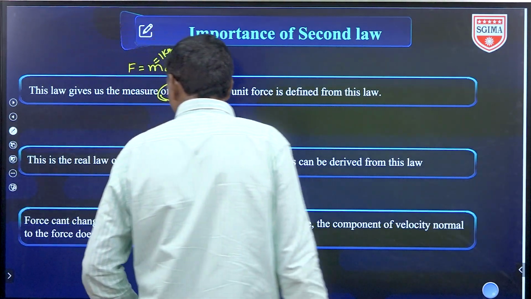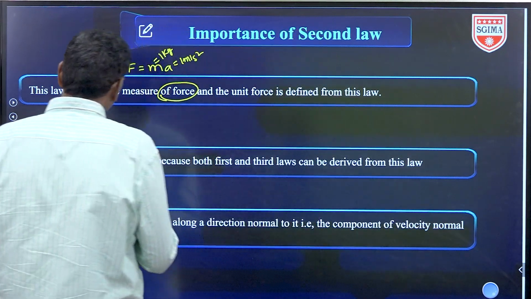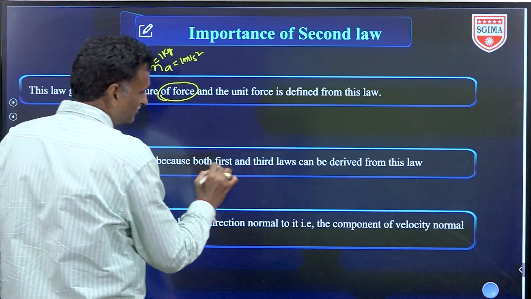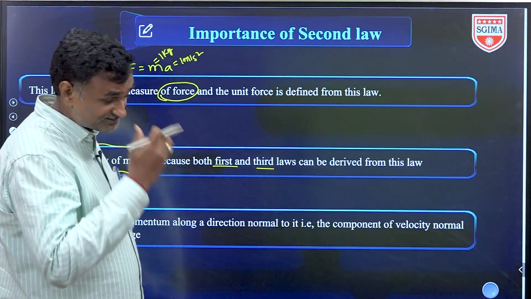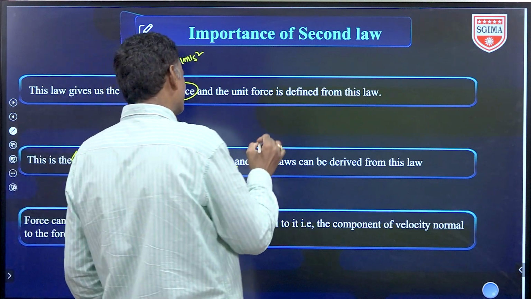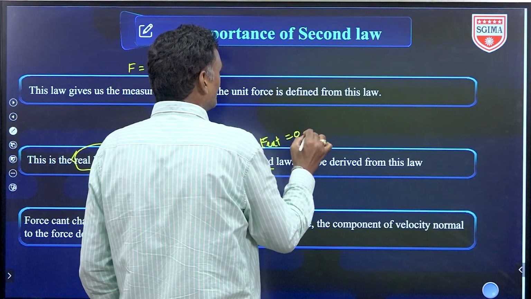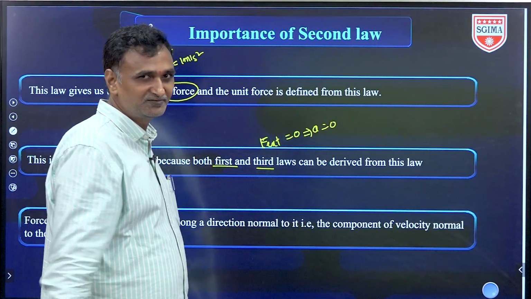Now next, this is the real law of motion, because both the first and third laws can be derived from this one. First law: if the external force is 0, then definitely a equals 0. This is actually the first law.